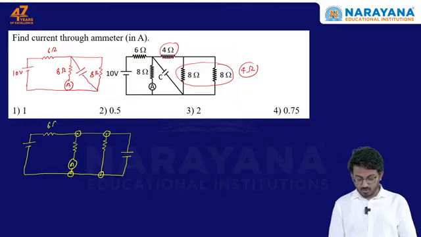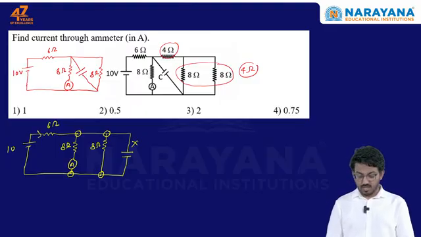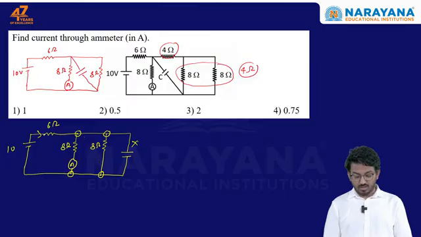Now 6 ohm, 8 ohm, 8 ohm. Overall this is 10 volt. There is no current in the capacitor branch because capacitor is fully charged. So current going through this is going to be 6 plus 4.